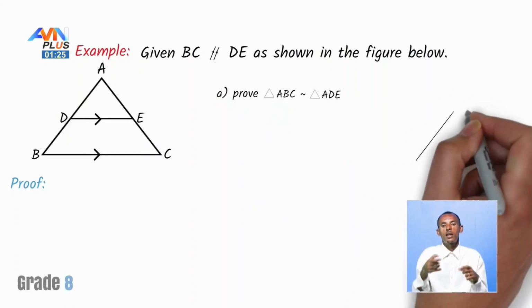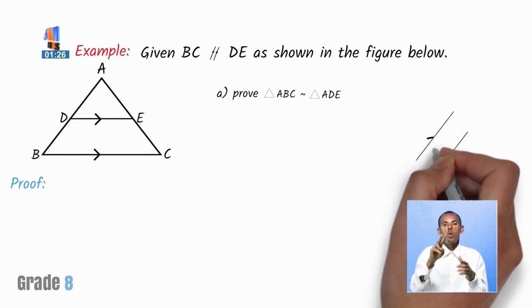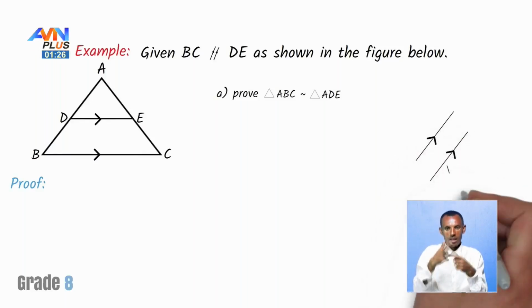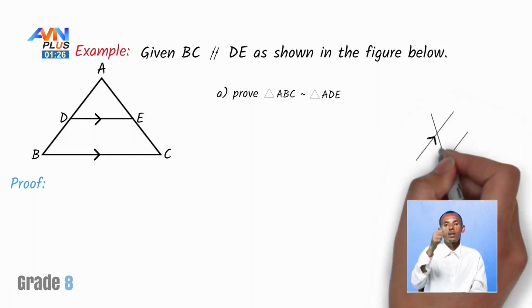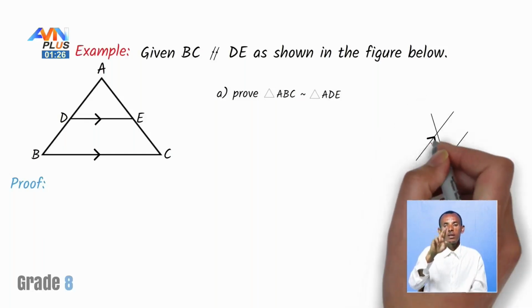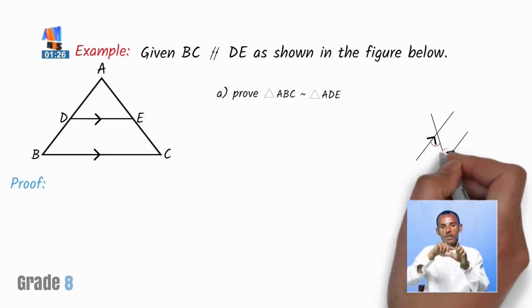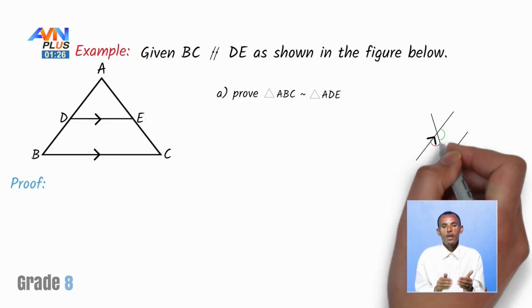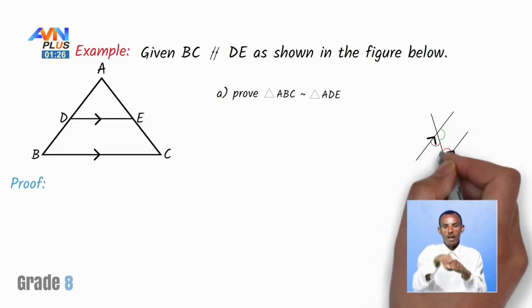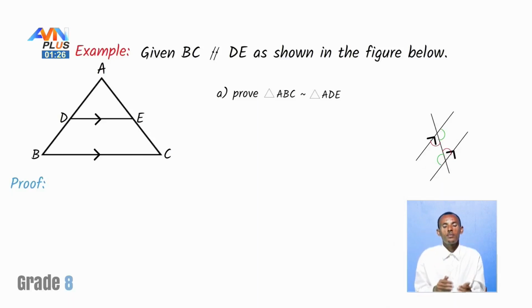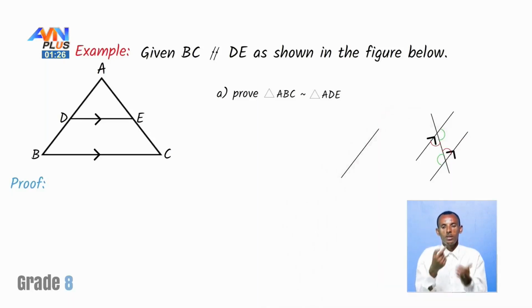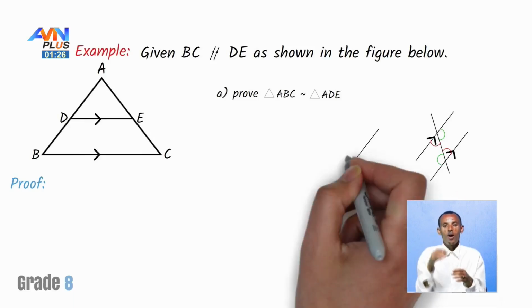If these two are parallel lines, a line cutting these two is called a transversal line, right? So in this figure, this angle and this angle are congruent, okay? These are alternate interior angles, which are congruent. And this one and this one are also congruent. These are called alternate interior angles.